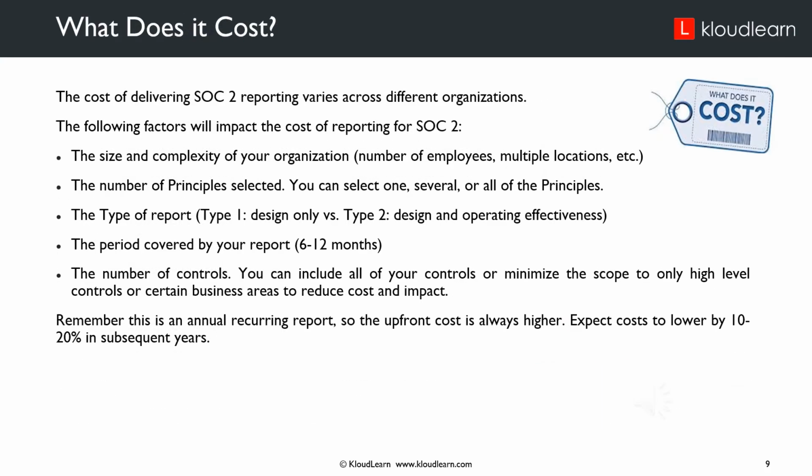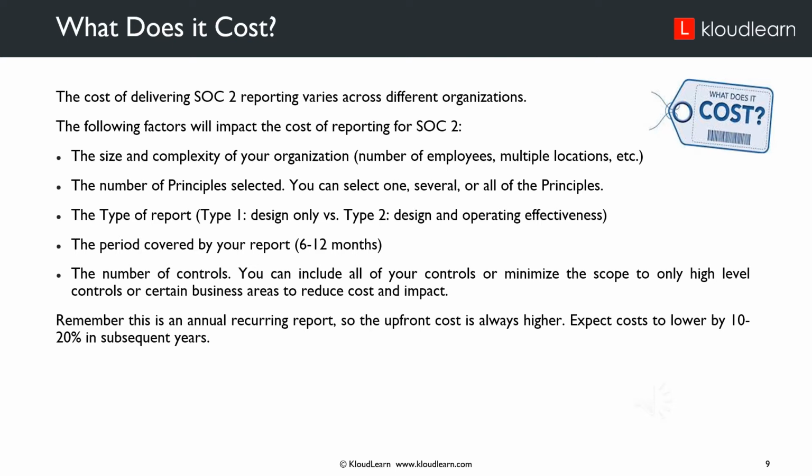What does it cost? The cost of delivering SOC2 reporting varies across different organizations. The following factors will impact the cost of reporting for SOC2: the size and complexity of your organization, number of employees, multiple locations, etc. The number of principles selected. You can select one, several, or all of the principles. The type of report. Type 1, design only, versus Type 2, design and operating effectiveness.